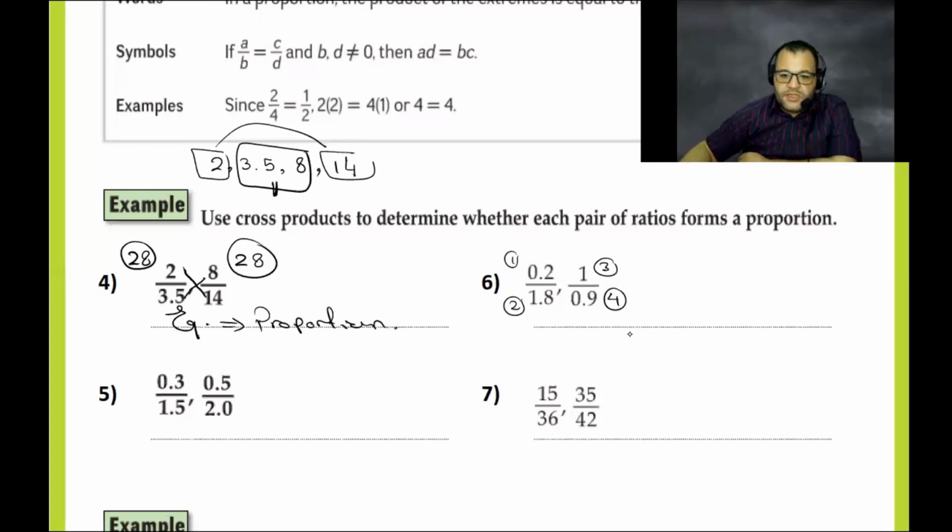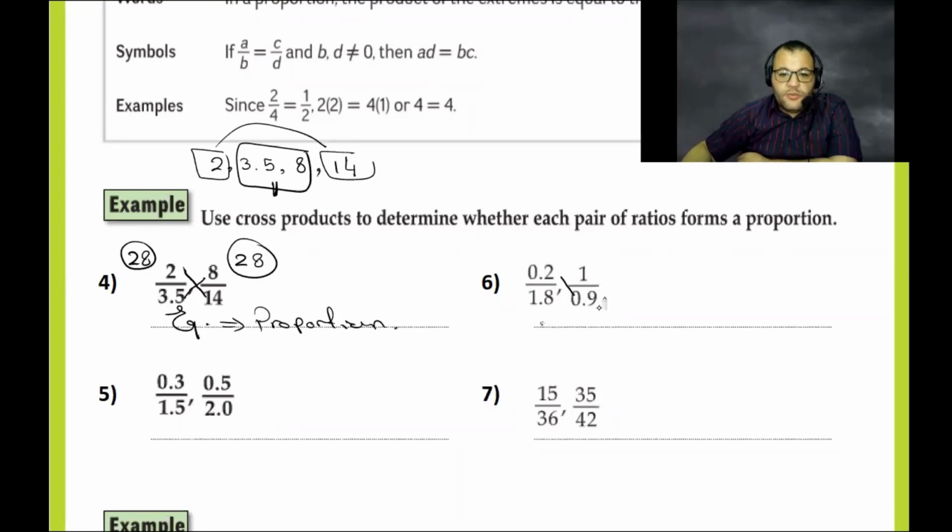Again for number 6. How do we solve this one? 0.2 times 0.9 equals? First we order each pair. I just need to know the meaning of extremes and the meaning of means.